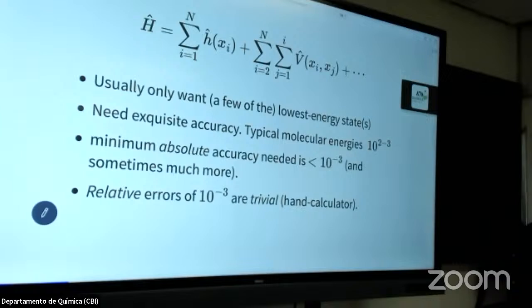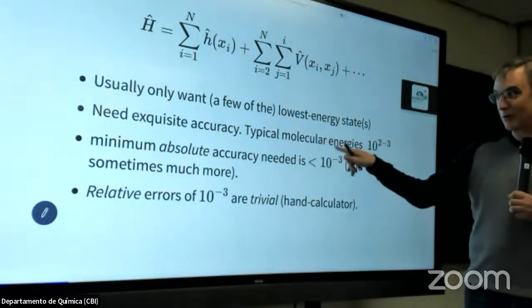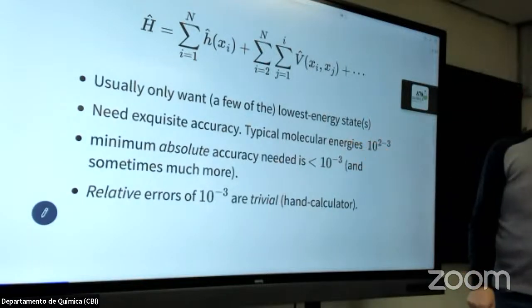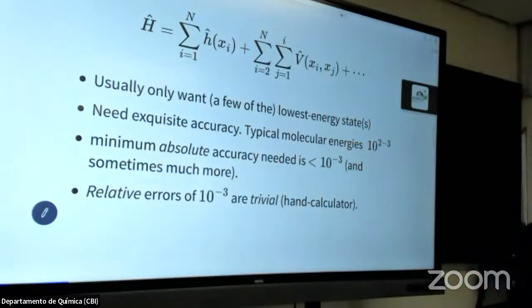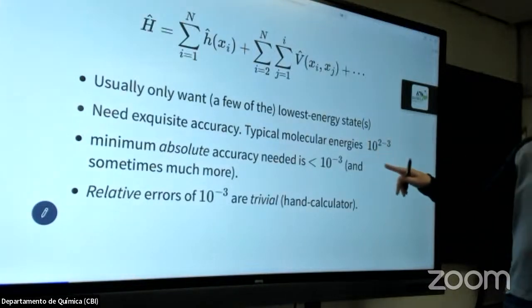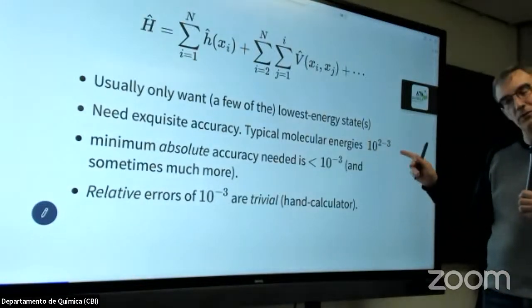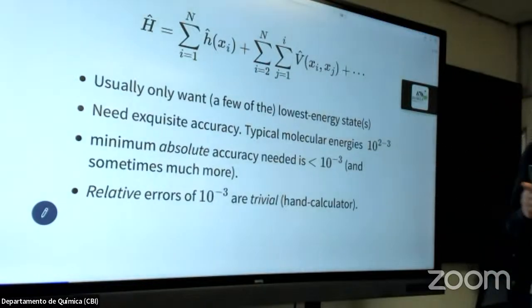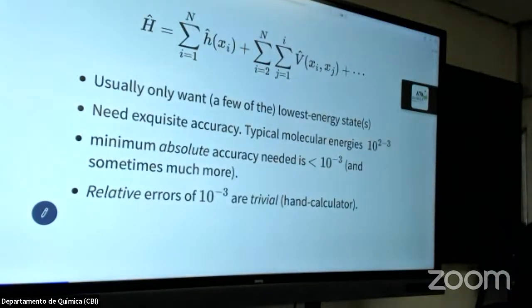It's an extensive property. But we need chemical accuracy, which is 10 to the minus 3 error. So we need an absolute error of 10 to the minus 3. And sometimes more. If you want to do spectroscopy, you may want 10 to the minus 6. So 10 to the minus 3 is our starting point for useful chemistry.